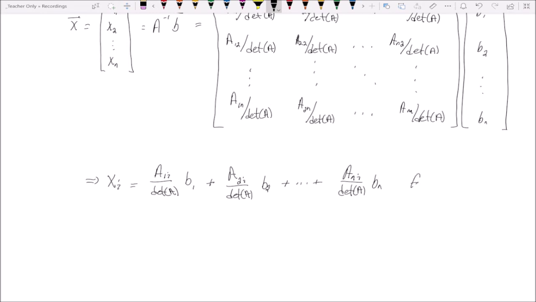And this is for i equal to 1, 2, so on and so forth up to n. So this is all n equations.